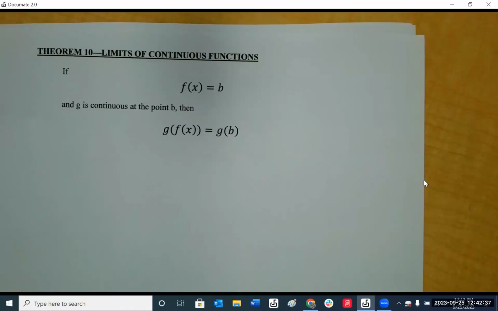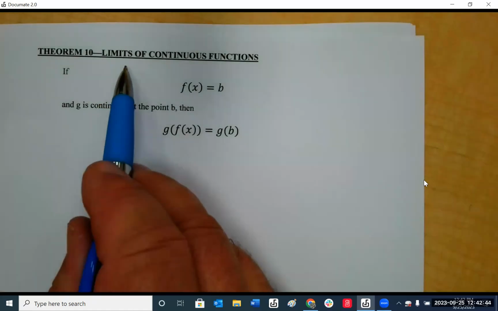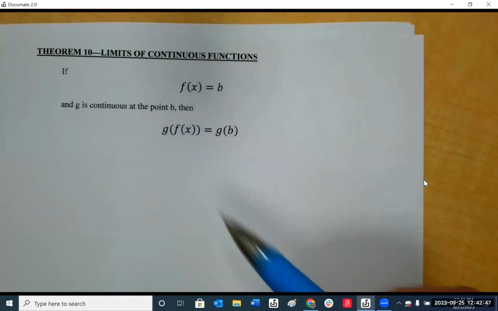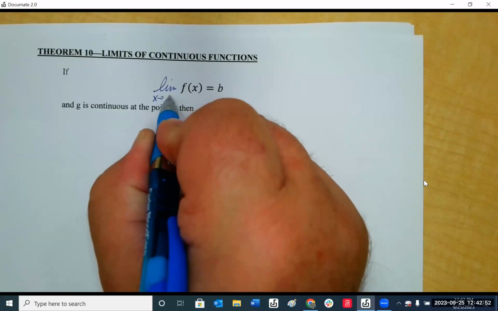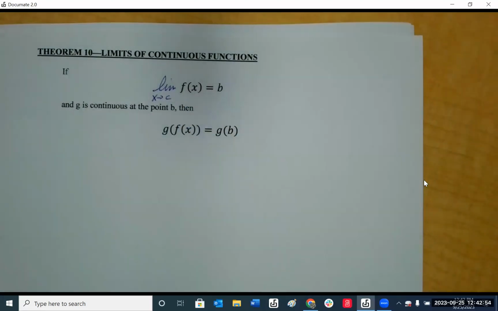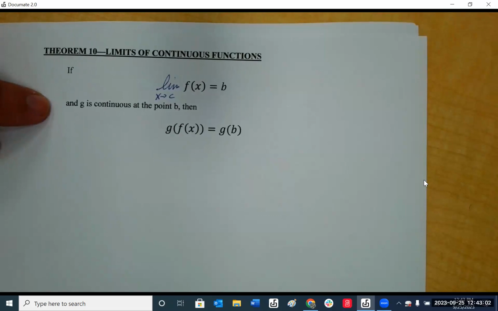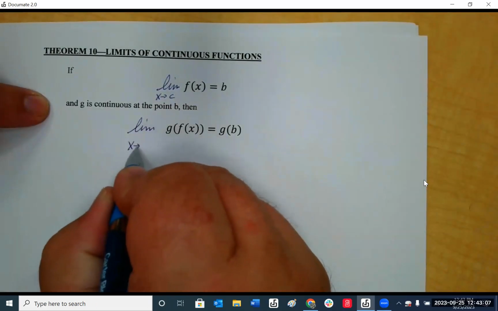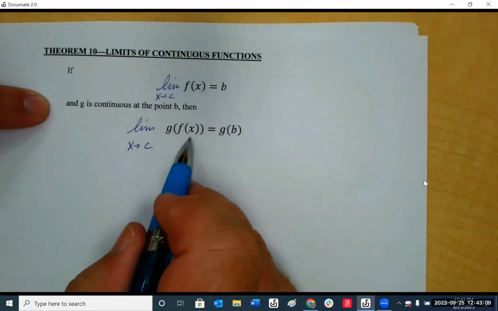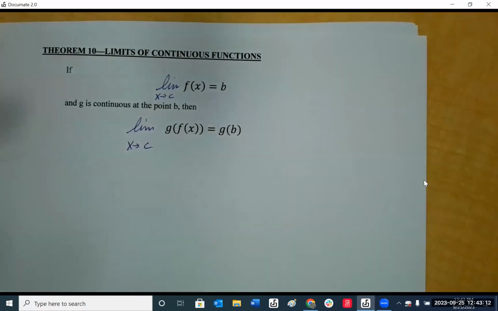Limits of continuous functions. If the limit of f of x as x approaches c equals b, and g is continuous at point b, then the limit as x approaches c of g of f of x equals g of b.